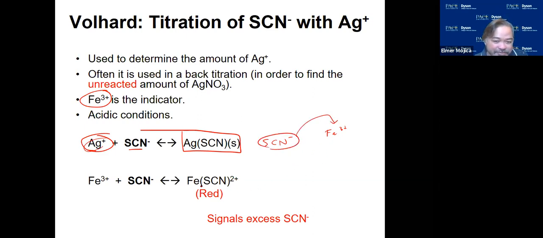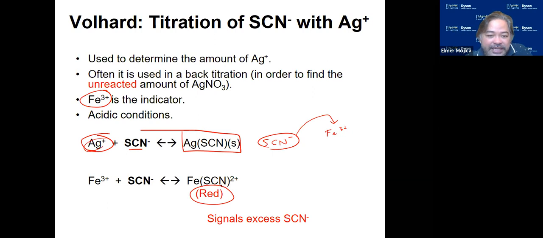When that happens, you form the blood red color, and that signals the endpoint, because that means there is no more silver to precipitate the thiocyanate. So you form the blood red solution, which means all silver ions are already used up. That's the concept for the Bonehart.